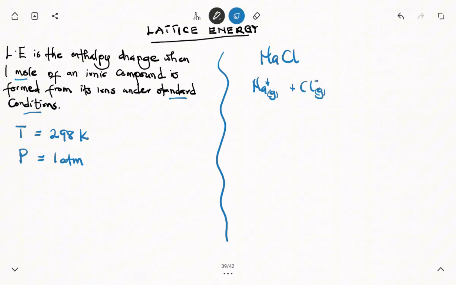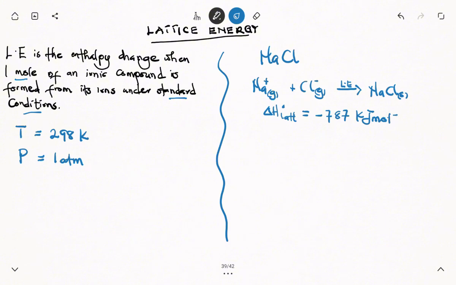The energy that is required for this to combine to give us sodium chloride in a solid state is what is referred to as the lattice energy. The lattice energy involved in forming sodium chloride is equal to minus 787 kilojoules per mole.